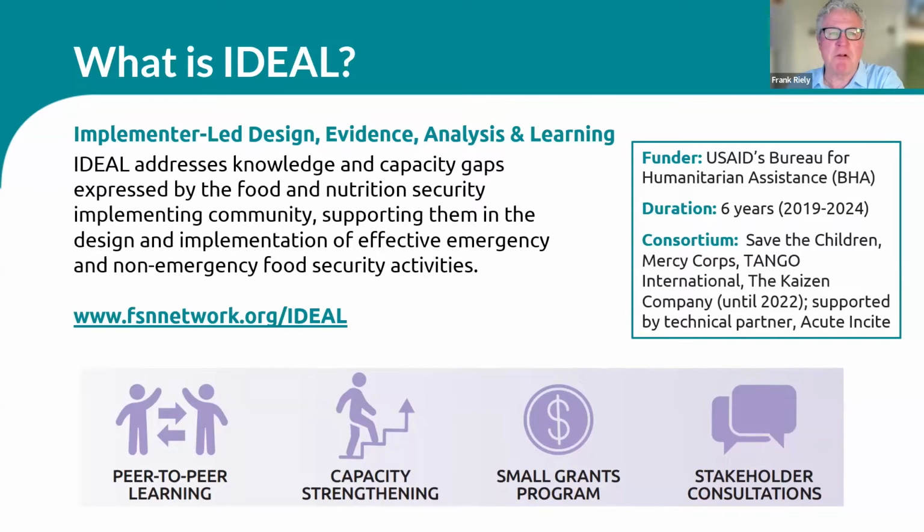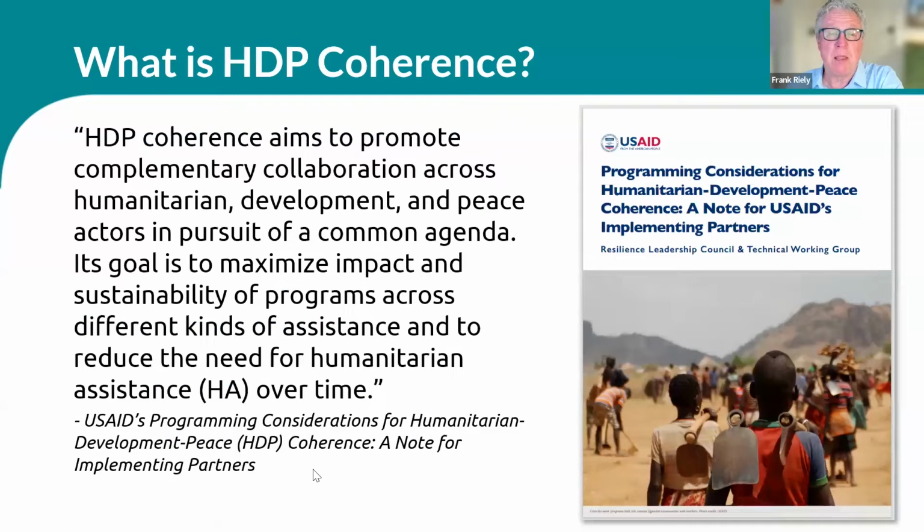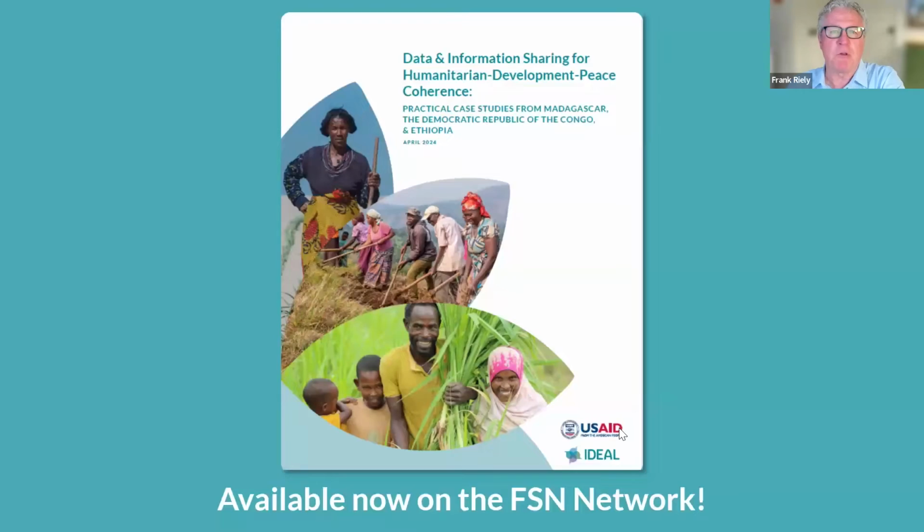This webinar series is called HDP Coherence in Practice, Insights from the Implementing Community. I thought we would start by just talking a little bit about what we think HDP coherence means. In early 2022, USAID released the document Programming Considerations for Humanitarian Development Peace Coherence, a note for implementing partners.